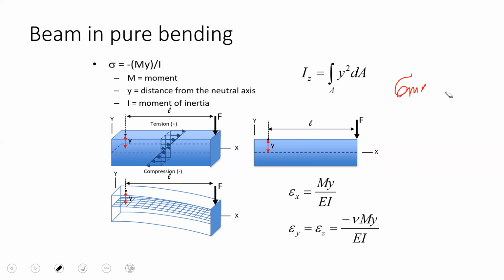So sigma max in this particular case is minus My over I, but we studied minus Mc over I, and c was the maximum distance from the neutral axis, that is this one. Whenever the y distance or the rho distance is maximum, sigma will be maximum in that particular case, right? And from there, if you remember, we discussed the strain as well. That was My over EI or Mc over EI, right?